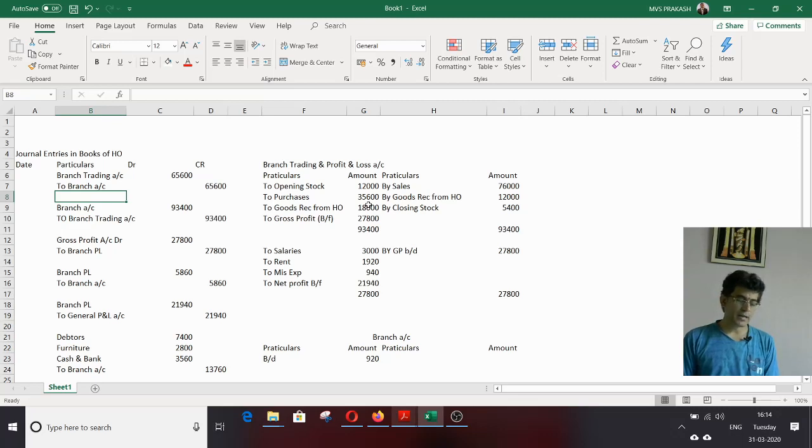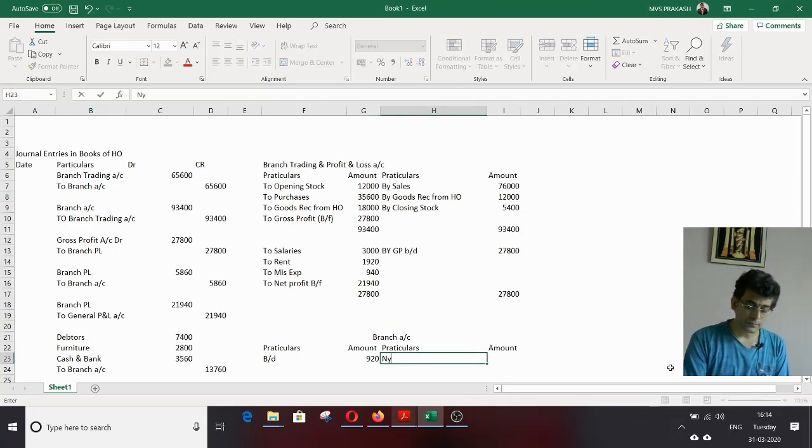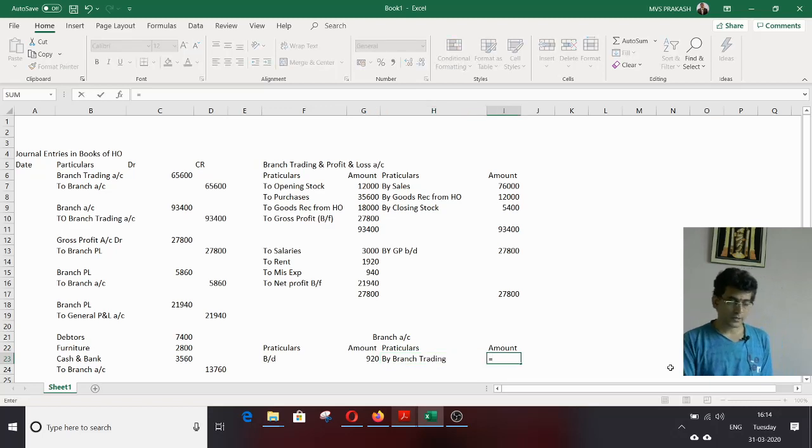So you are having a balance of 65,600. This balance I need to reflect in my branch account. So by branch trading account amounting to what?